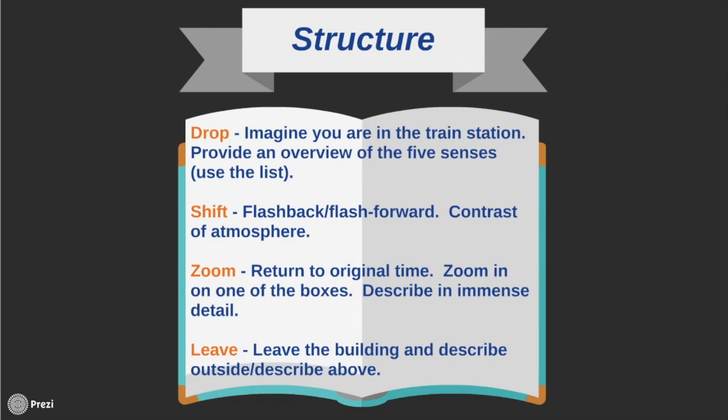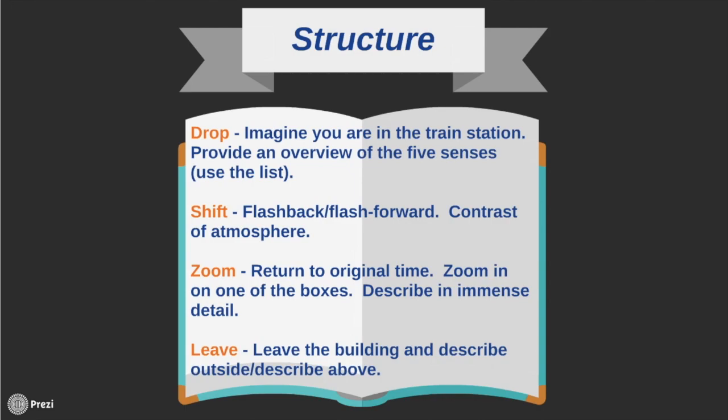Then for the third part of your answer, you zoom back to the original time, but you zoom in on one of those boxes that I drew within the image itself, and you describe that in immense detail. If you're doing writing to narrate, this is the point at which you need to think about how that one thing is significant to the character you've chosen within your story.